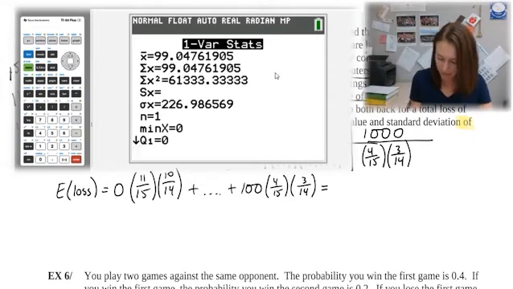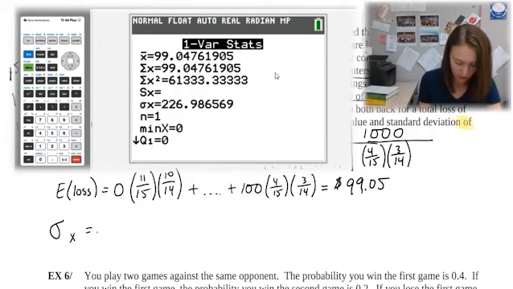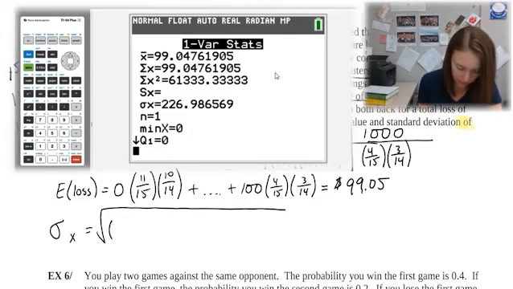So my expected value, the company's expected loss, is going to be $99.05. Remember, context in problem. And then our standard deviation of our losses. Again, you have to write out the formula, at least the first and the last.